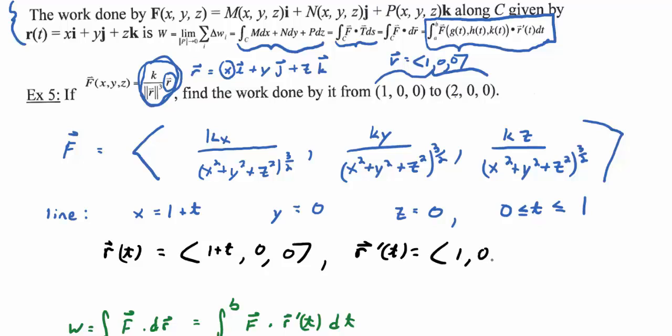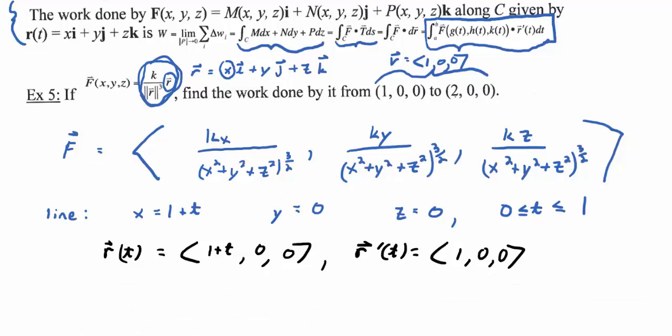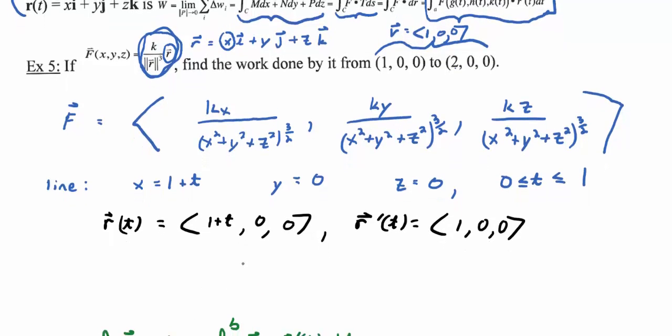Right? And then if you want, you could write down what f is in terms of t separately, if that helps. It might even be helpful to line it up with the thing you're going to dot it with. So what would f be in terms of just t?